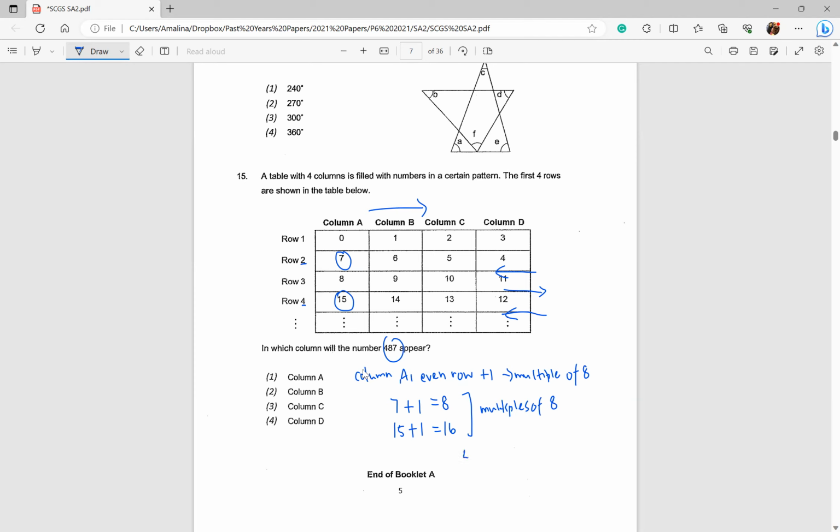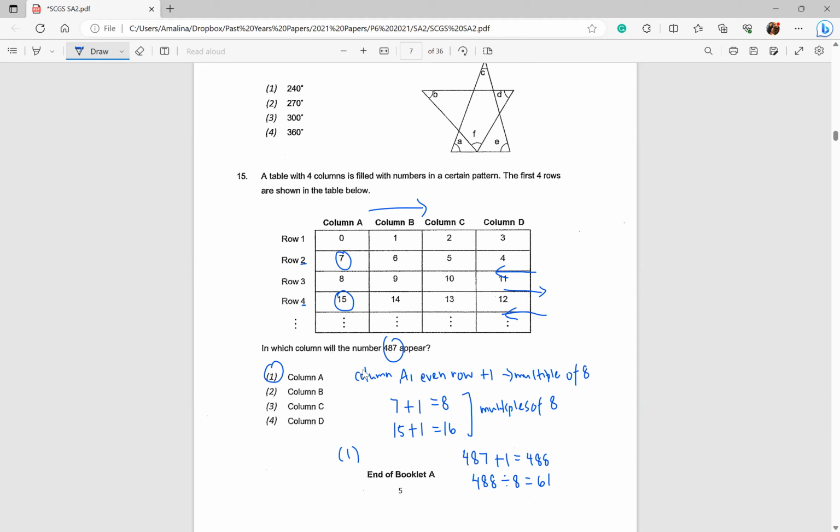So 487, if I plus 1, okay, I get 488. And then 488, if I divide this by 8, you get a 61, which means that this is a multiple of 8. So 487 will appear in column A, option number 1.